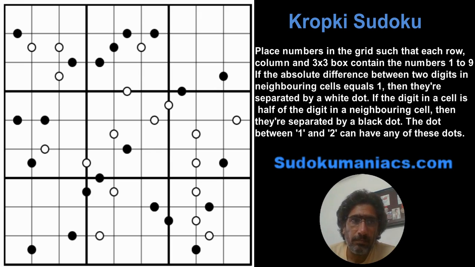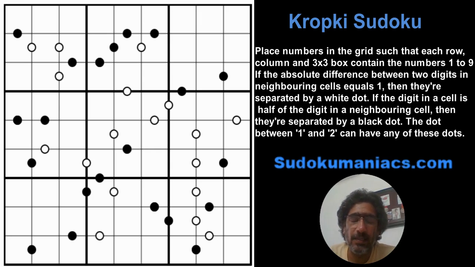As you all are aware, the rules of classic Sudoku apply. Additionally, there are some black and white circles that have been marked on the grid. Black circles denote that the ratio between the two digits on either side of the circle will always be 1:2. That is, one digit is always twice the other digit.